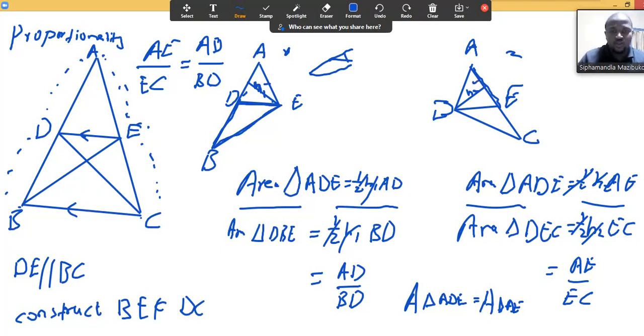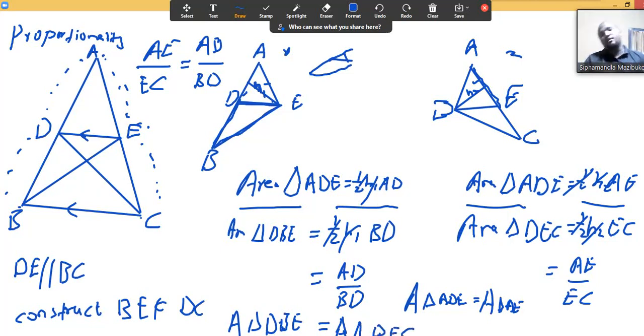So now we need to look at the area of triangle DBE. We can say the area of triangle DBE is the same as the area of triangle DEC.